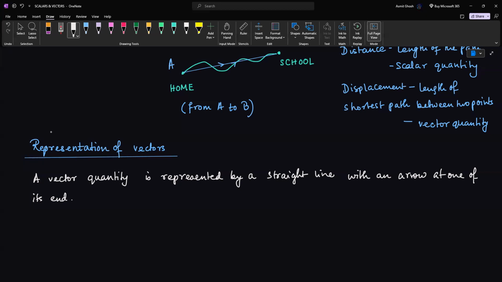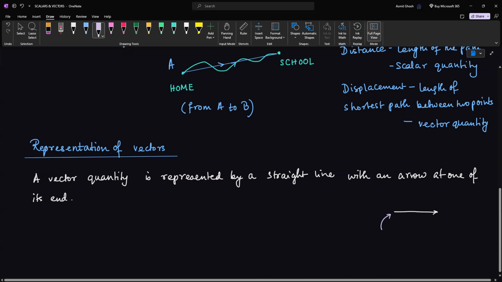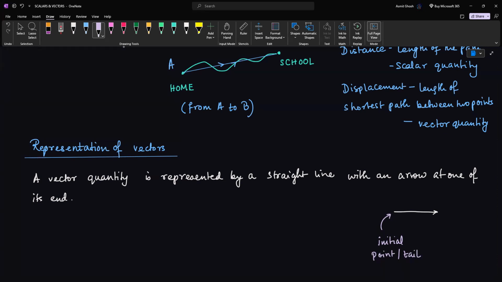Where this point right over here is what we call the initial point or the tail of the vector.